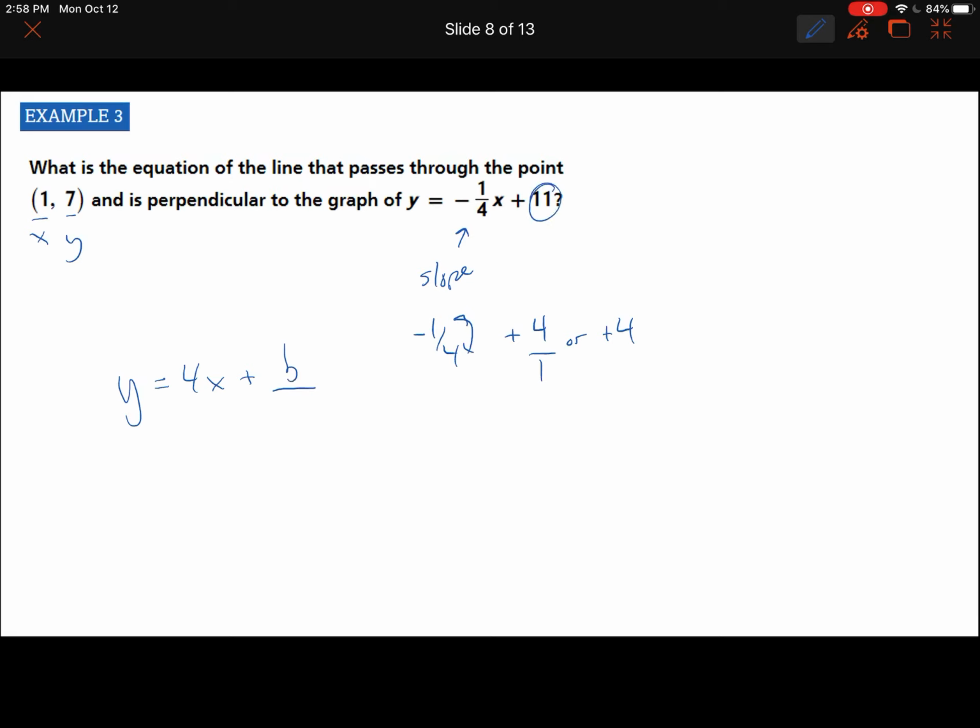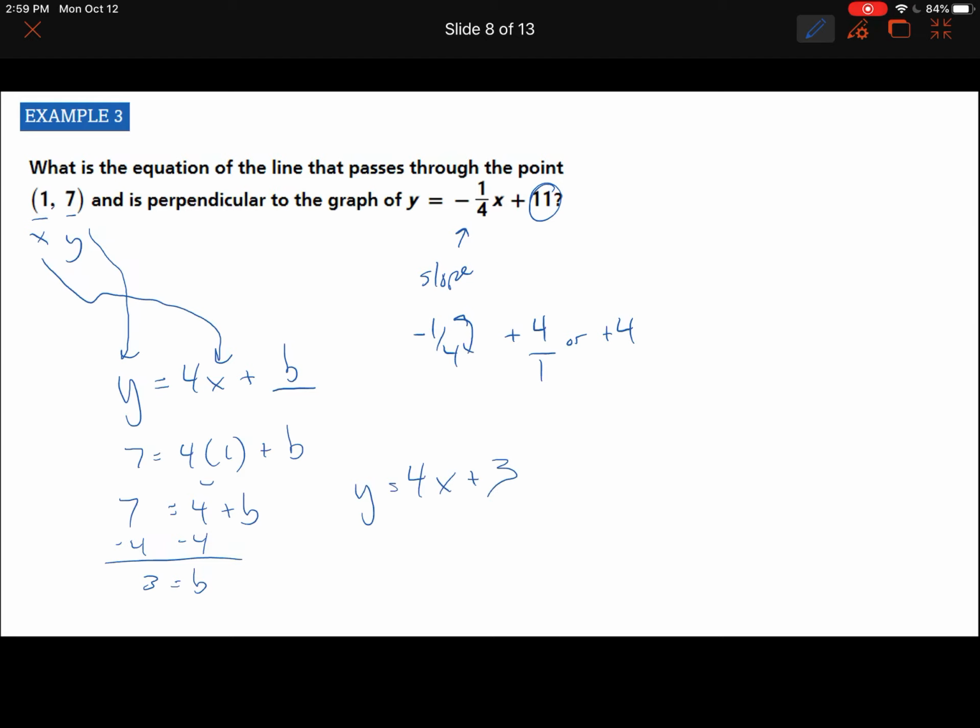I don't really care that this one's 11. That's irrelevant. So now I'm going to sub my x value in for x, and my y value in for y. So 7 is equal to 4 times 1 plus b. 4 times 1 is 4. 4 plus b is supposed to be 7. Minus 4, minus 4. 3 is equal to b. So y is equal to 4x plus 3 is what we should have for that one.